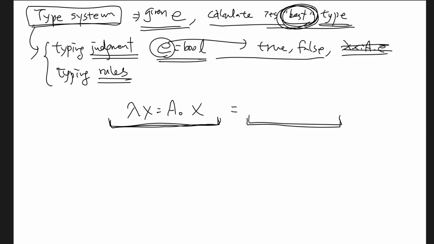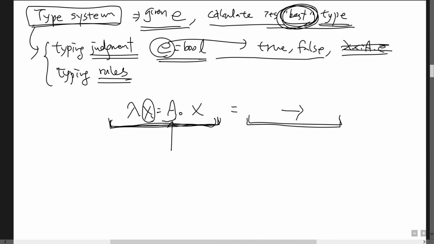Then, how do we calculate the type? First of all, it is a lambda abstraction, so it's going to have a function type. And we already know the argument type, because we explicitly annotate this variable x with its type. So the argument has a type A, and we already know the left side of this arrow.